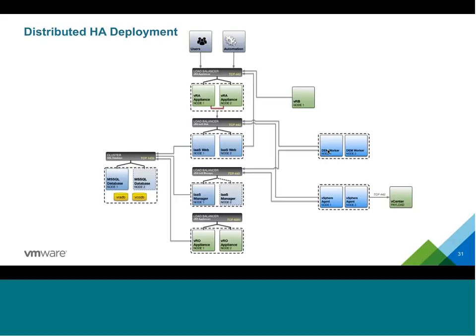For 7.2 onwards, it is suggested that you use the internal vRealize appliance database, not an external one. You have a typical SQL cluster for your environment, and then multiple DEM workers and vSphere agents. That's how your typical distributed high availability environment should look.